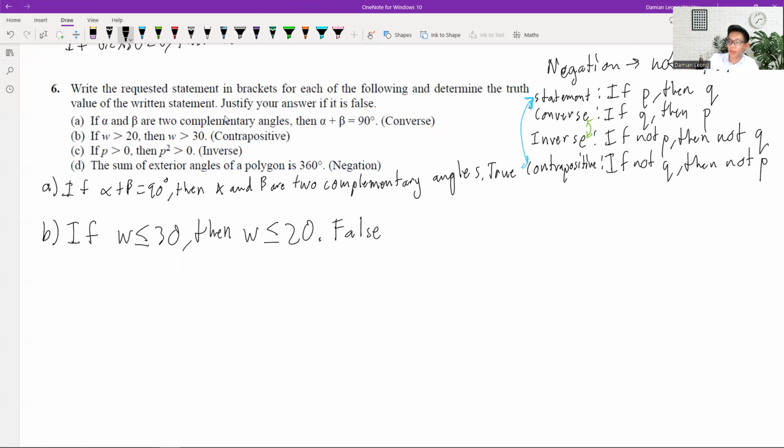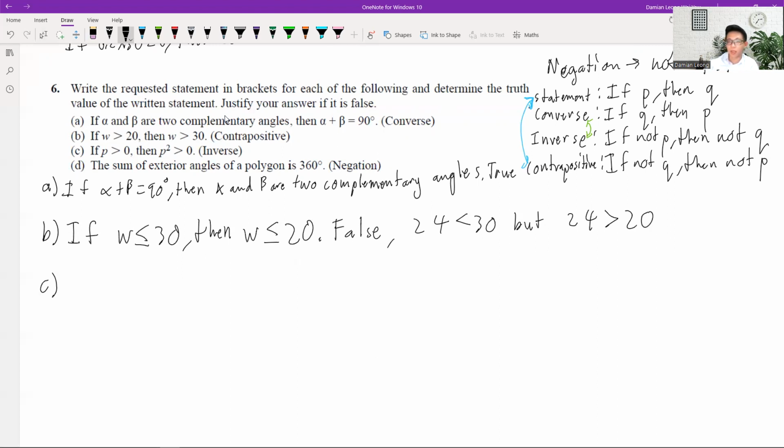So we can give any counter example. I can say, let's say 24. 24 is less than 30, but 24 is more than 20, instead of less than.